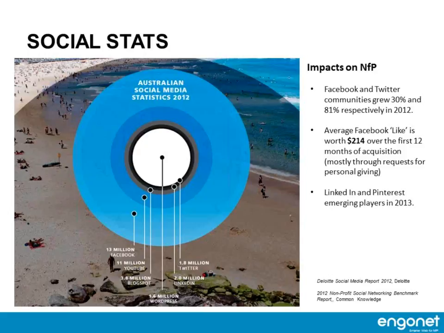Secondly, the average Facebook like was worth $214 in individual giving to those organisations. Again, that's a stunning return on investment and a great way to acquire a donor for the first time. And just finally, LinkedIn and Pinterest obviously were the big areas that people are looking at for growth in 2013.